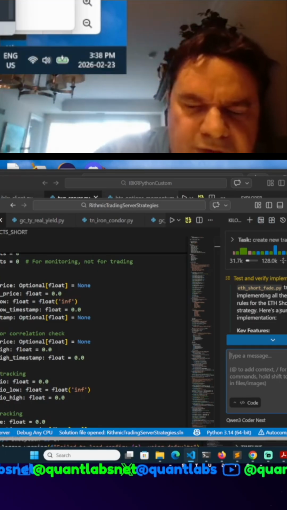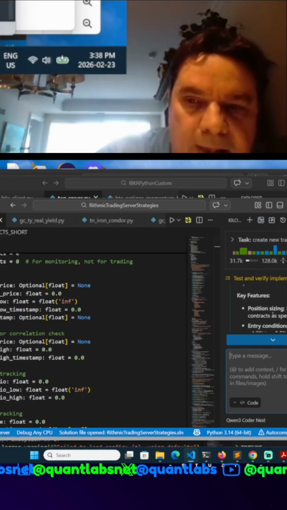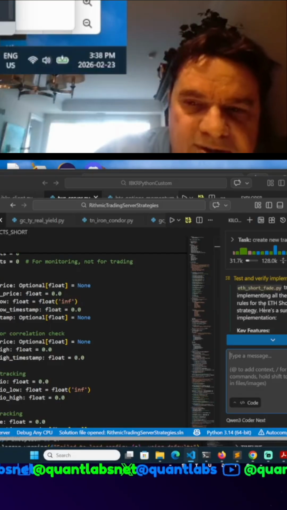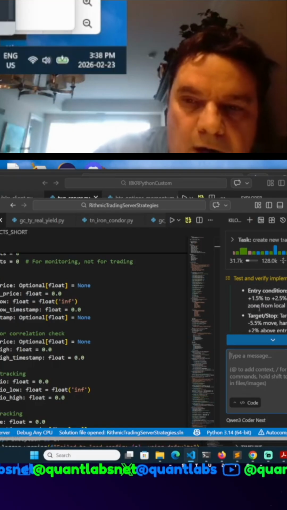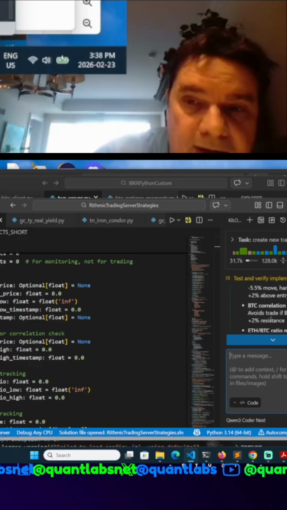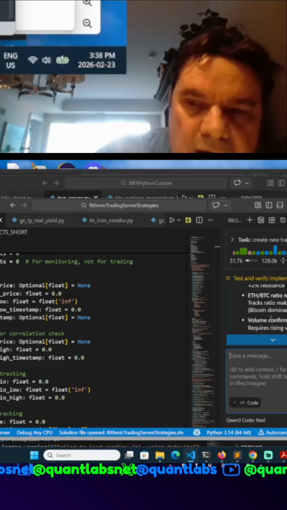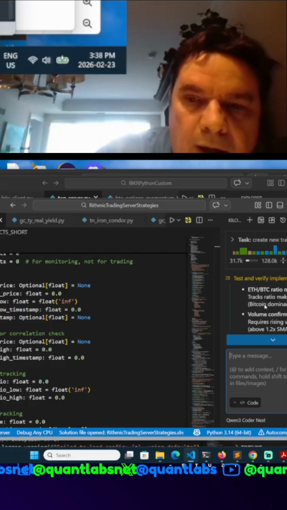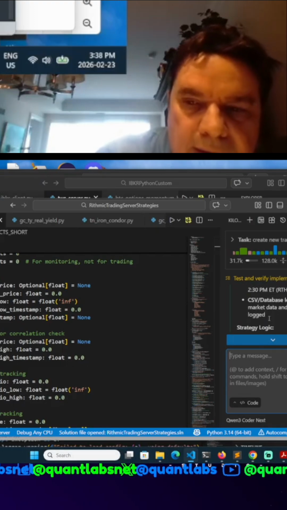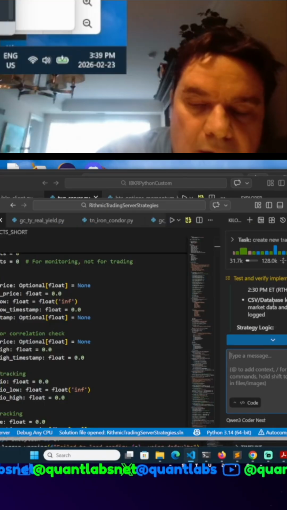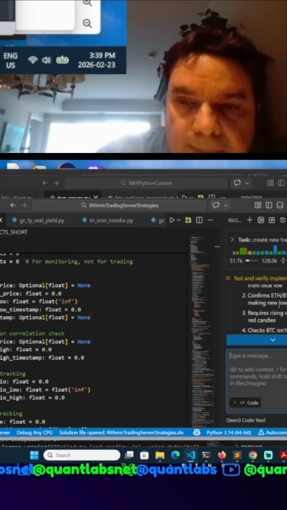Implement all strategy rules for Ethereum short fade. Here's the summary. It did all the position sizing for you, entry conditions, targets, stops, Bitcoin correlation check, Ethereum-Bitcoin ratio monitoring. It's also done volume confirmation and funding rate monitoring, maxing your leverage and giving you a time window, along with the CSV database logging.